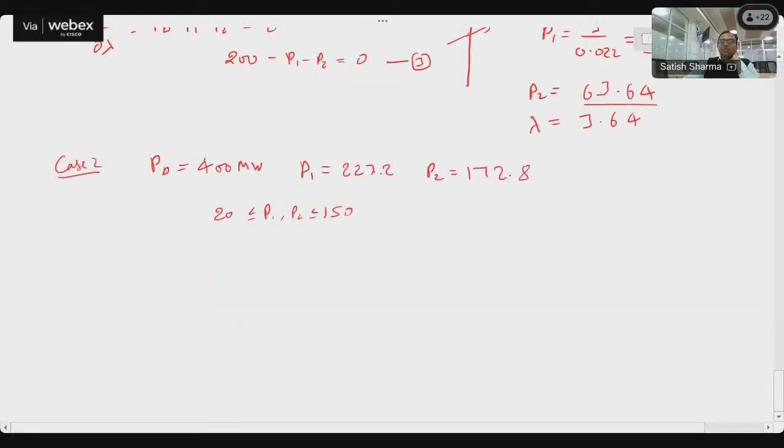Mathematically, the solution is called infeasible. A solution cannot be obtained because of these limits, and both the generators can at maximum supply 300 megawatts. So whatever the demand more than 300 can never be served with this particular example.